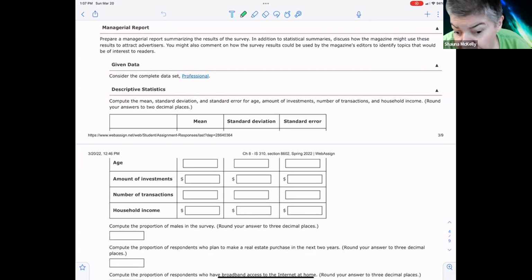Right, because this is designed to be done in Excel. Let me check and see if it's come in yet. Sorry, Shauna, I'm working on it.